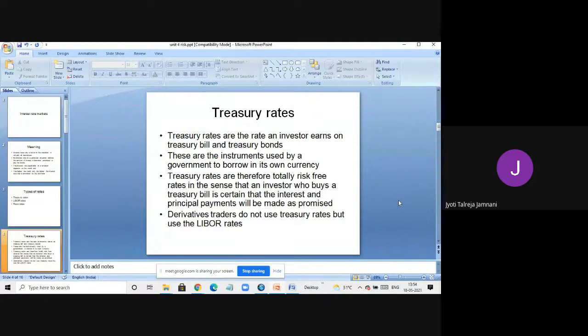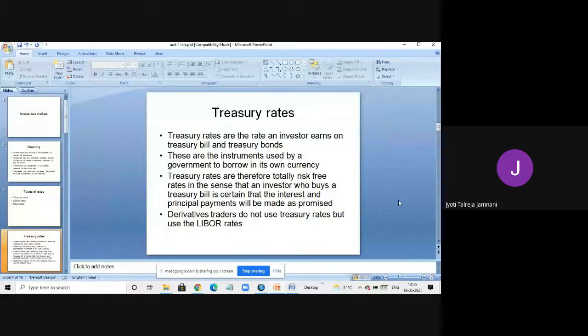So treasury rates are totally risk-free rates in the sense that an investor who buys a treasury bill has a guarantee that the interest and principal payment will be made as promised. So there will be no default. Government is not going to cheat us. Whatever interest is promised and whatever amount we have given as loan, both will be paid to us on time.